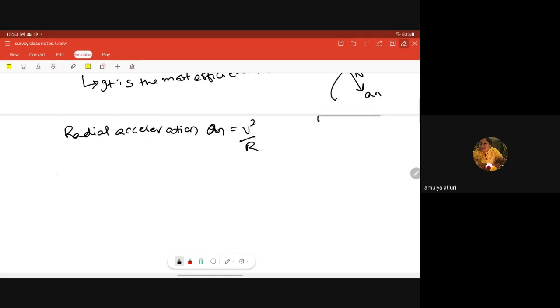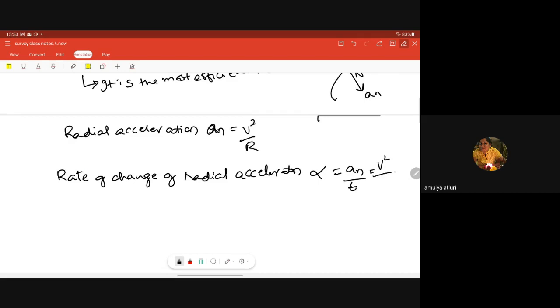So rate of change of radial acceleration, alpha is equal to an by t, right? So this is nothing but v square by r into t.